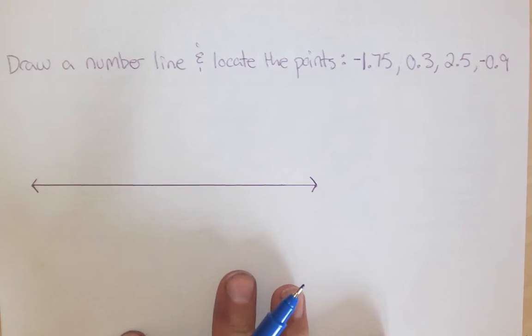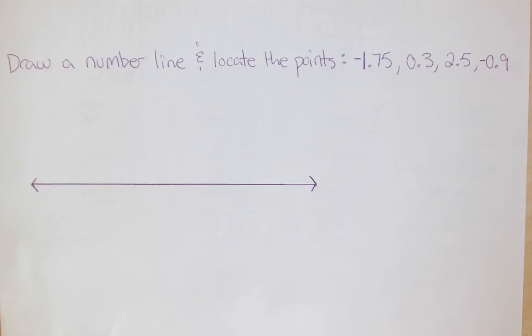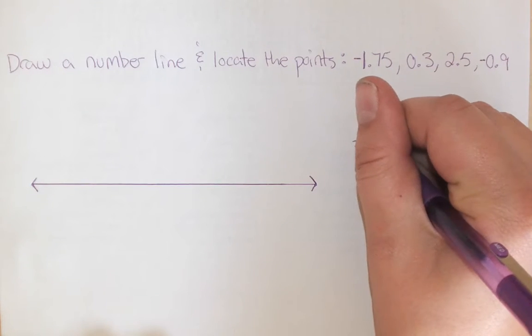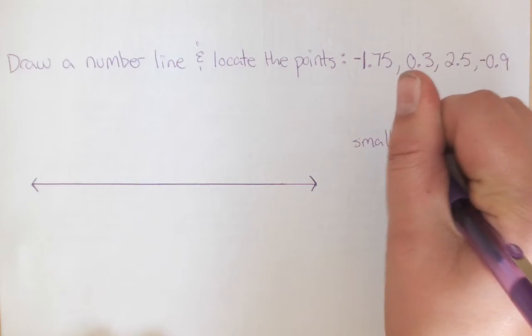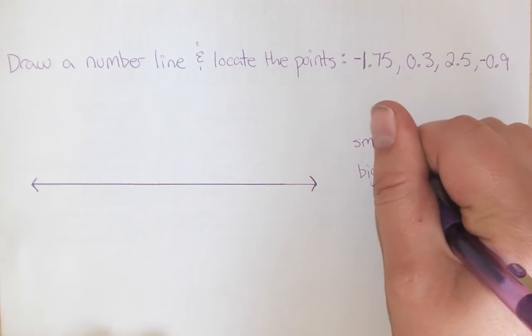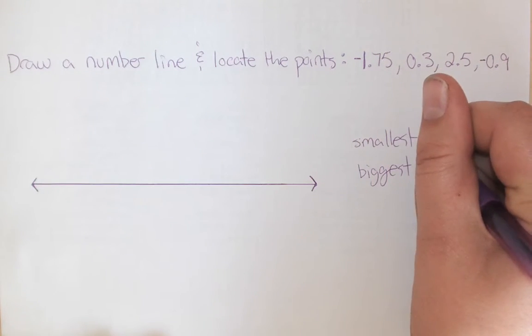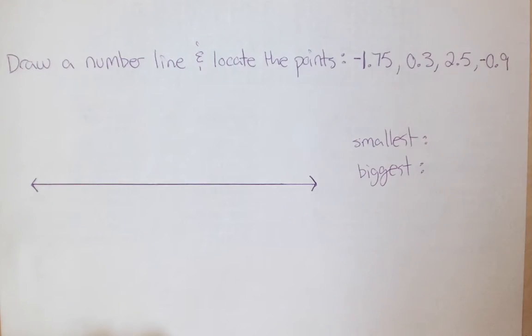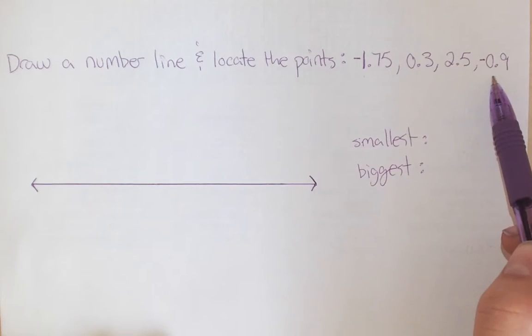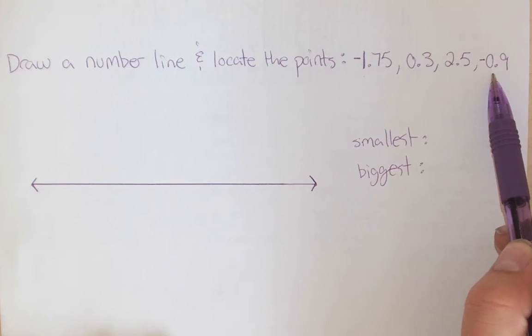Now let's look at it with decimals. In this case, I want to think, what scale do I need again? So what's my smallest number? What's my biggest number? All right. In this, I have -1.75 and -9/10.